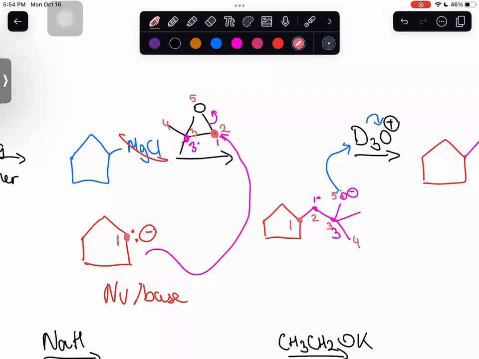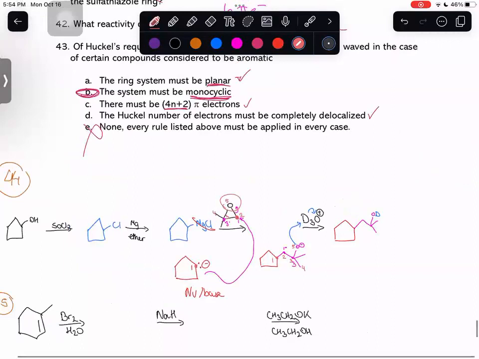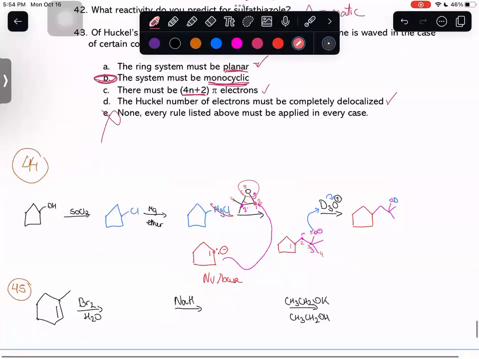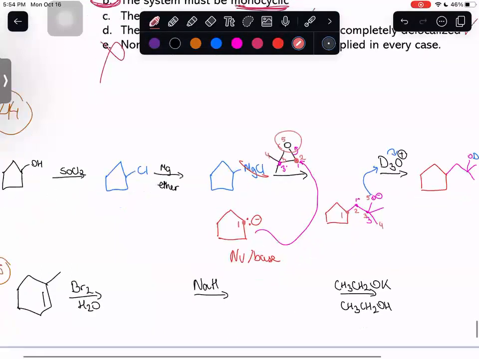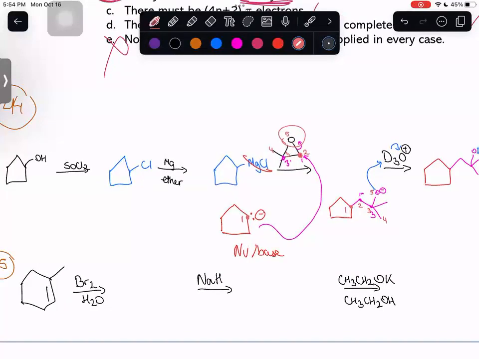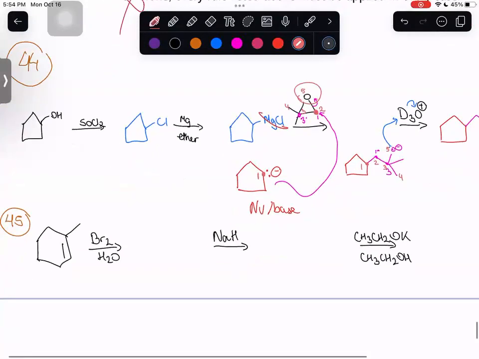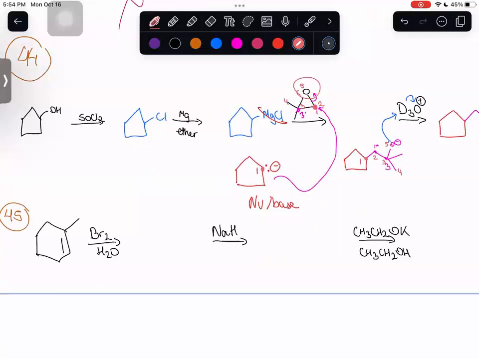So in this case, there's no extra carbons from the epoxide. You just kind of flip. Okay, questions on 44. We're good? Makes sense? Who wants to give it a try to 45?